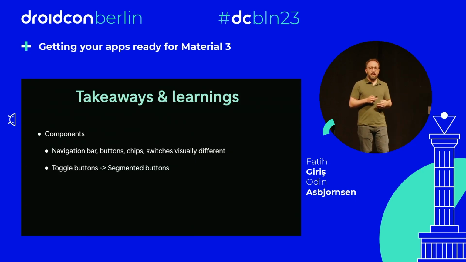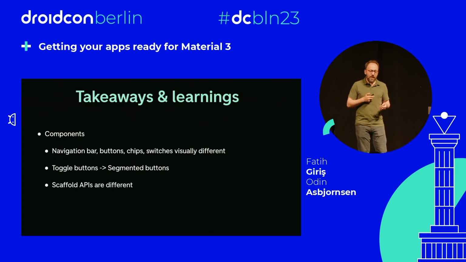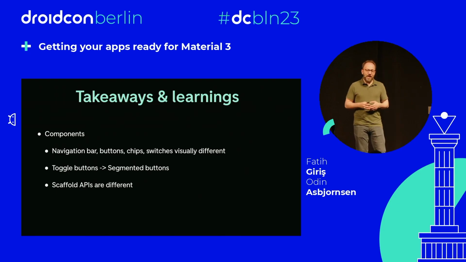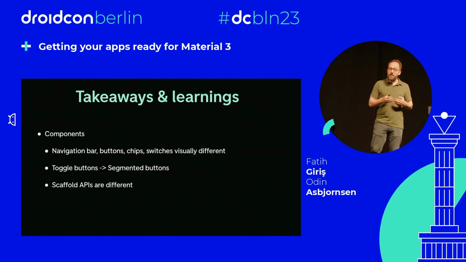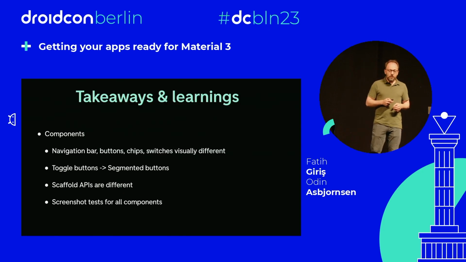And as I said, if you're looking for toggle buttons, toggle buttons have been renamed to segmented buttons. And if you're going to start migrating to Material 3 in Compose, I think it's better to start with the scaffold APIs, because scaffold APIs are now different. If you start with migrating scaffold to the Material 3 version, I think it's going to be a lot easier for you to handle the migration.